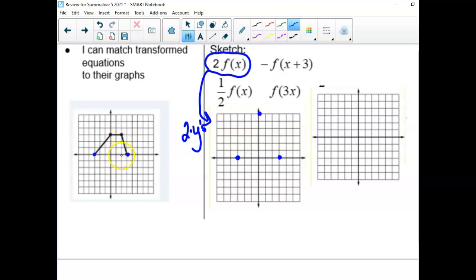And this dot was 2, 3, it's now 2, 6. Any questions on that one? Again, you don't have to sketch it. You would have to match that 2f of x to that picture on the quiz.